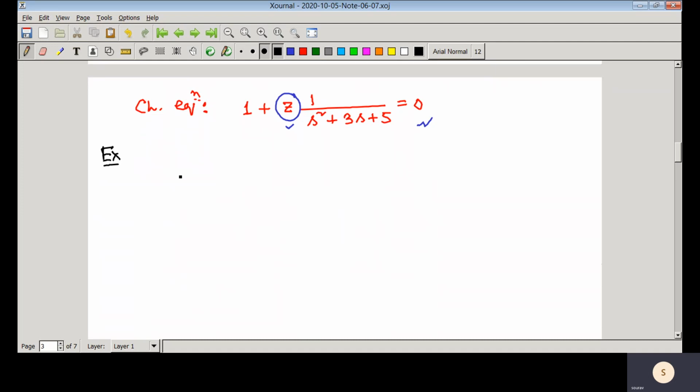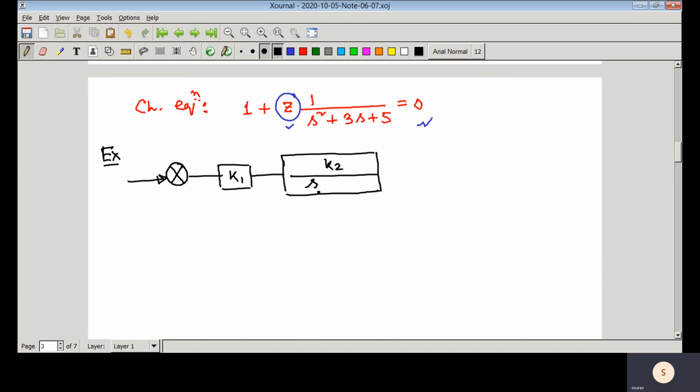That is, if we consider a closed loop system like this, we have a gain here k1 and the plant is k2, and here the poles are s at 0 and at minus 10, that is, the open loop poles.